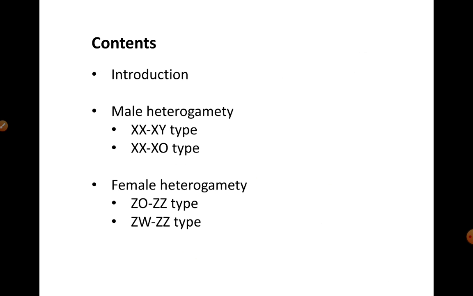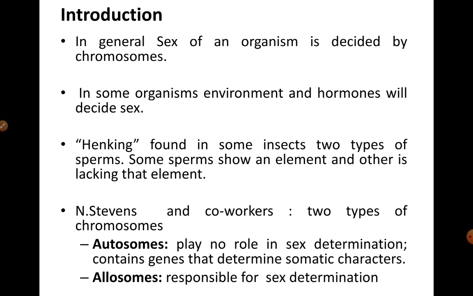So here we will be learning about what basically sex determination means, followed by the types involved. Sex determination in general is a system which decides the sexual characteristics of an organism or the offspring. It helps to determine whether the organism is a male or a female.